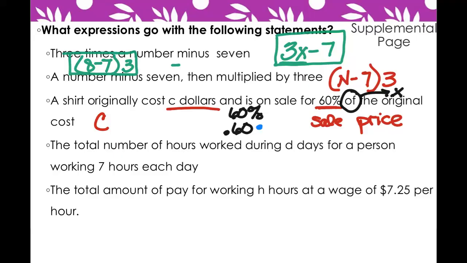So if I have 0.60 times, what would I put next? C, which gives a final answer of 0.6C. You don't have to have the 0 at the end, because it doesn't say 60% off of the original price. So we wouldn't be subtracting it. It's just 60% of that cost. Because if you take 0.6 times C, you should get the sale price.